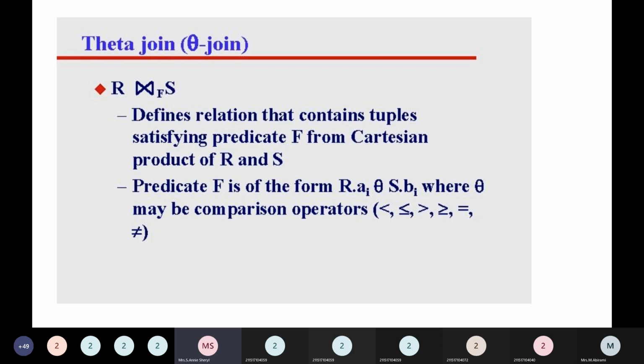For example, if you're going to do a selection operation from both the tables, then you have to give some comparison condition, that is your predicate function. Mobile price less than laptop price, if that is your function, then you're just going to identify which mobile prices are less than the laptop price.